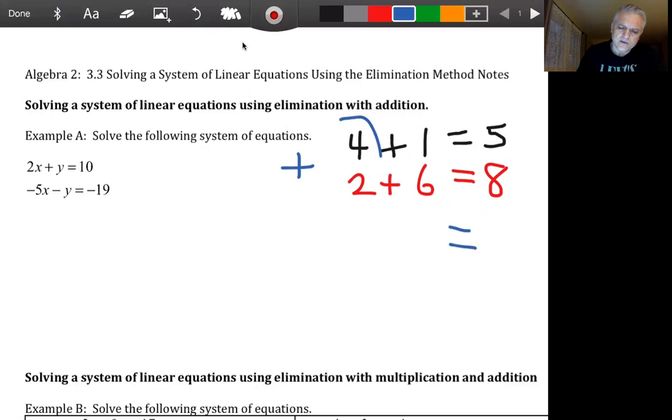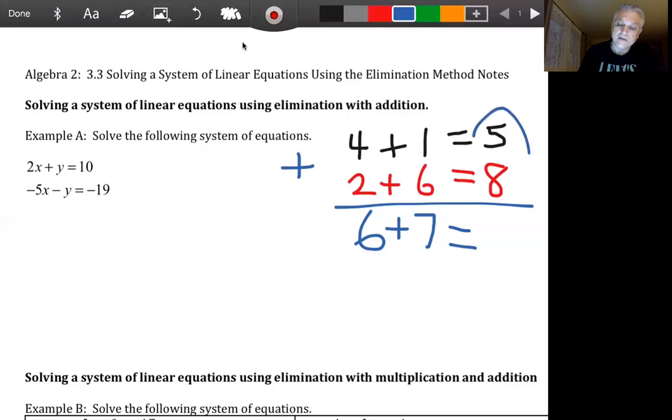I'm going to add the 4 and the 2, and I get 6. I'm going to add the 1 and the 6, and I get 7, and it's positive, so plus 7. And then I'm going to add the 5 and the 8, and I get 13.